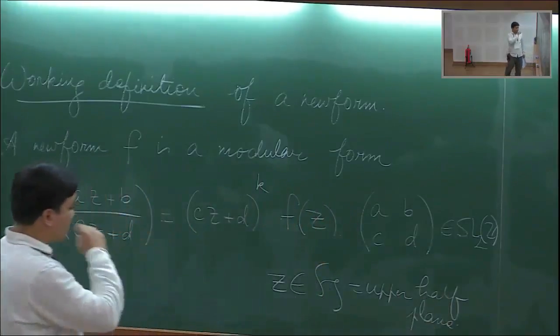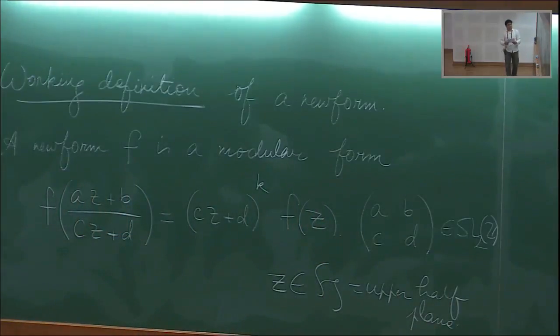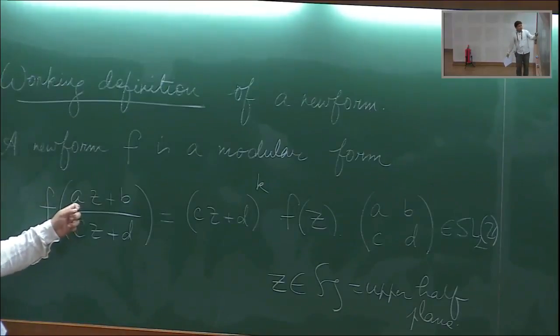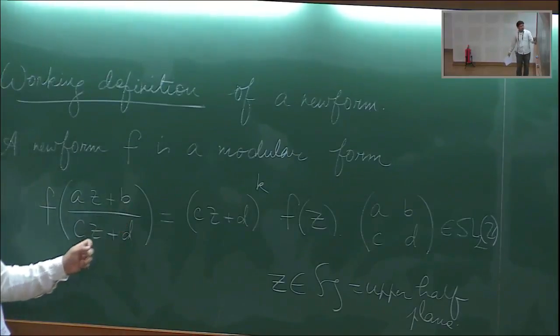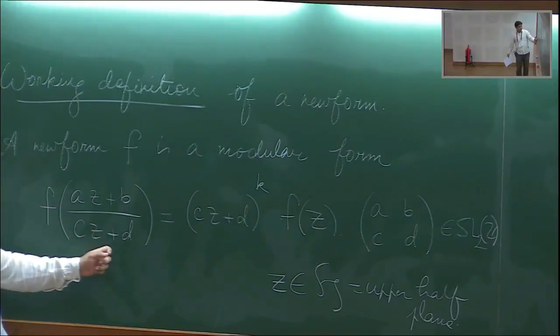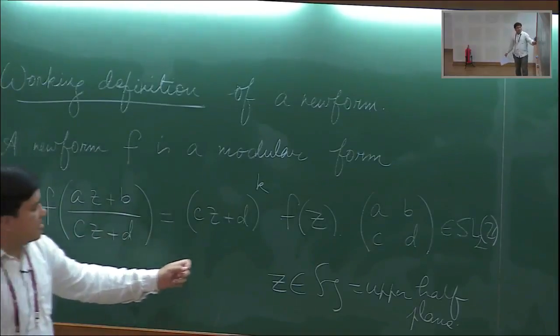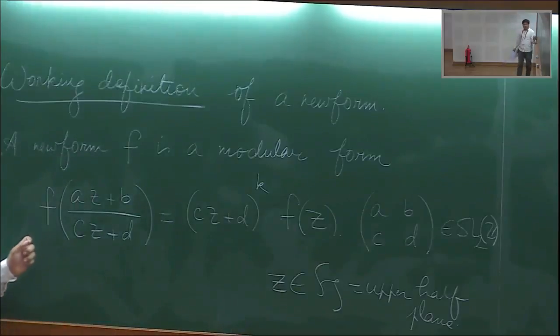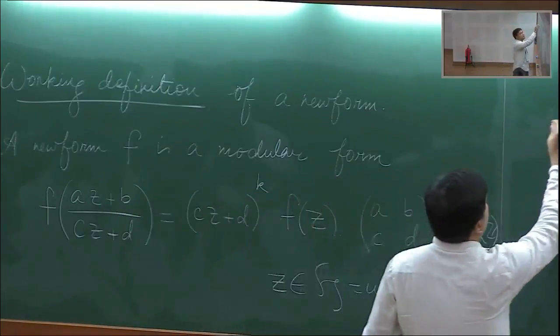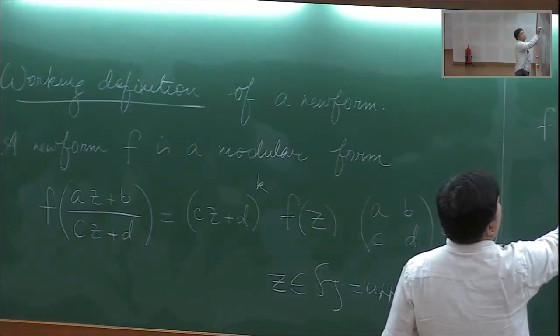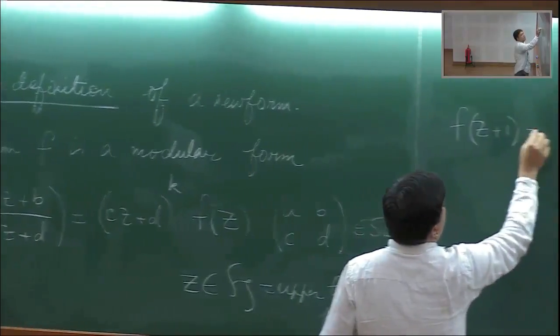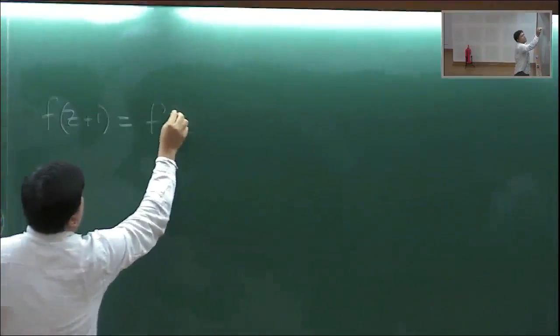You can put here, say, a equal to 1, b equal to 1, c equal to 0, and d equal to 1. Then you get your f of z. So it's a periodic function, so it will have a Fourier series expansion. f of z plus 1 equals f of z.